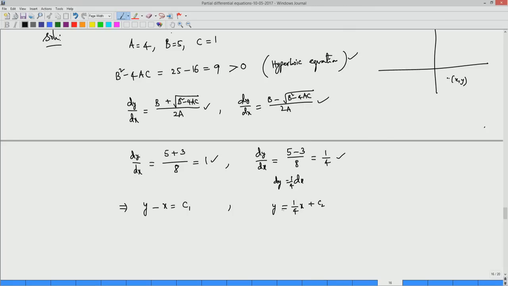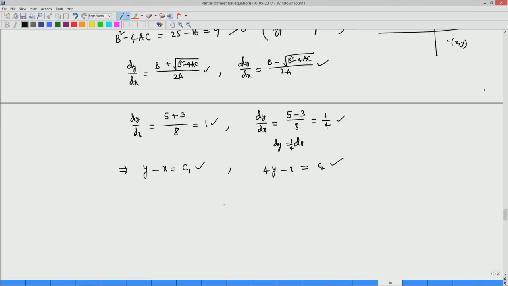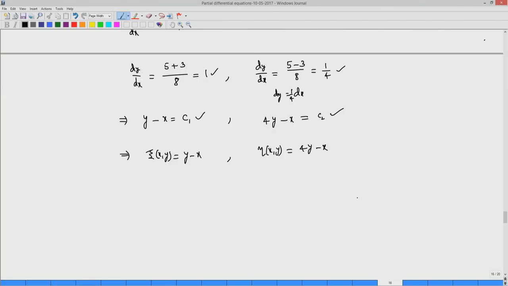If you rewrite, bringing x to this side, you have 4y minus x equal to constant. So, these are the general solutions of these two ODEs. From this we have seen that xi of xy equal to y minus x, and eta of xy is 4y minus x. This is how you fix your xi and eta.